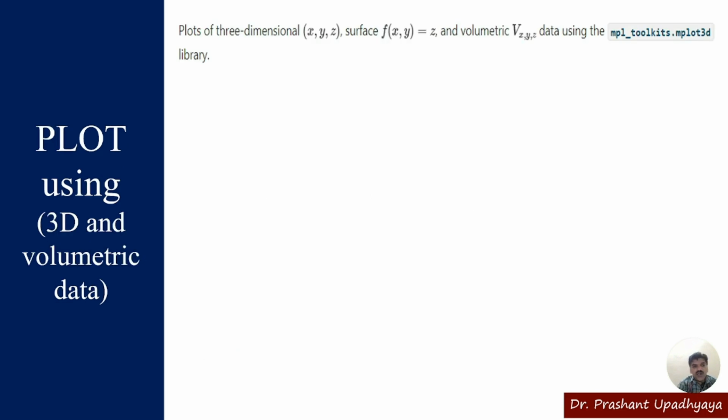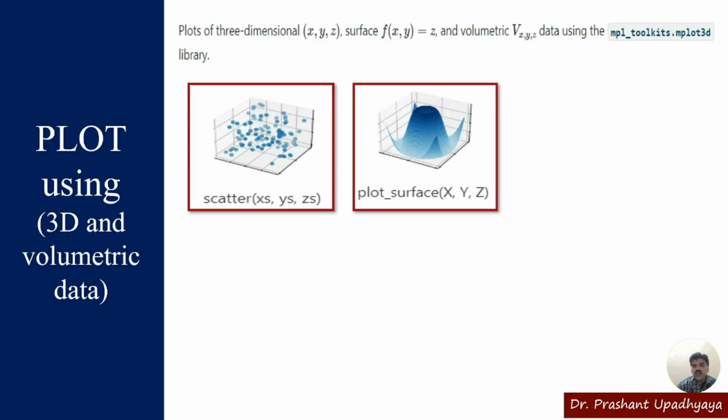Further, we have plots using 3D and volumetric data. For visualizing 3D and volumetric data, Matplotlib provides tools through the library known as the mpl_toolkits.mplot3d module. With it we can visualize 3D data.